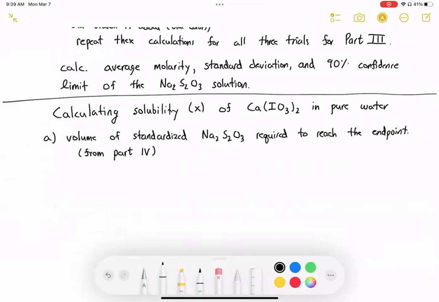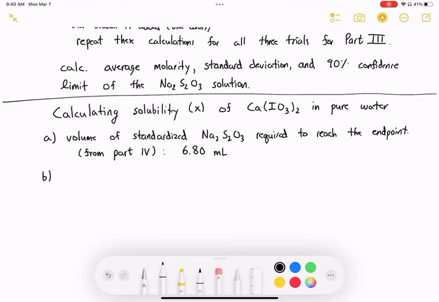So you're going to use the volume. A, find the volume required to reach it. For example, maybe mine was, let's just say, 6.80 milliliters. And then we're going to find the moles of sodium thiosulfate that was added at the equivalence point.